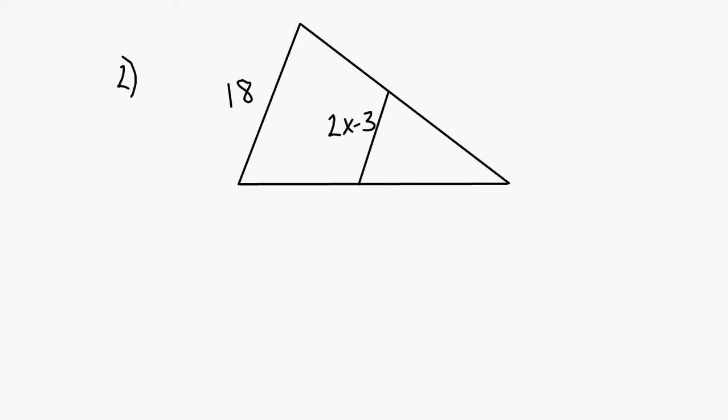It says to find the value of x. You've got to solve for x. So look, this midsegment is half the length of this side. So half of 18 is equal to 2x minus 3, or 2x minus 3 is equal to 9.